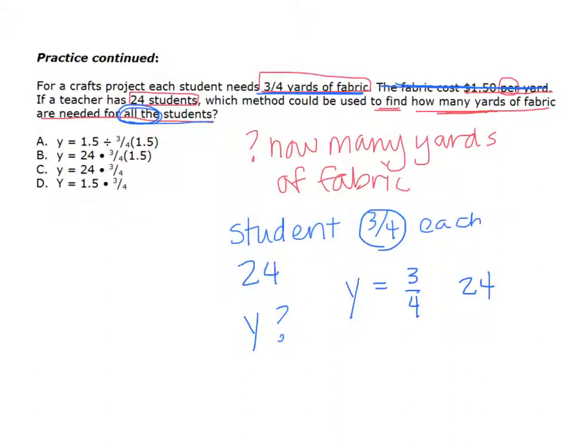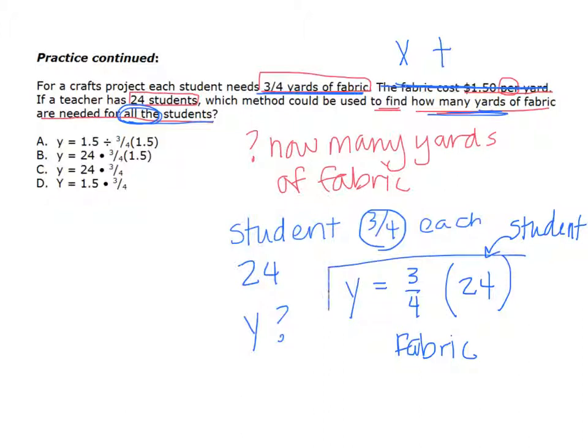I'm not trying to find the difference or how much I've used up. This is an addition or a multiplication problem. So those are my two key operations, because I know each student needs this. They each need this. So that tells me, since it's the word each, and they both need it, that is going to be a multiplication problem, because 3/4 is my fabric and each student needs it. And so what I'm trying to find right now is how many yards.